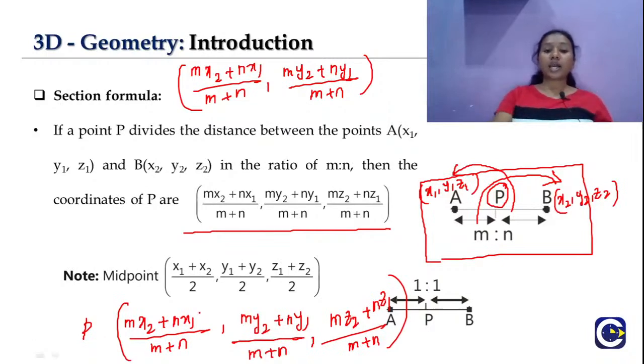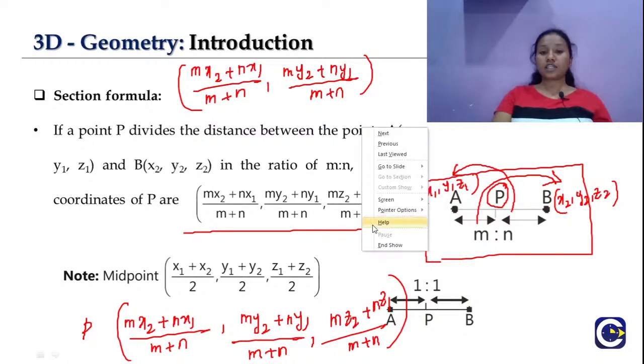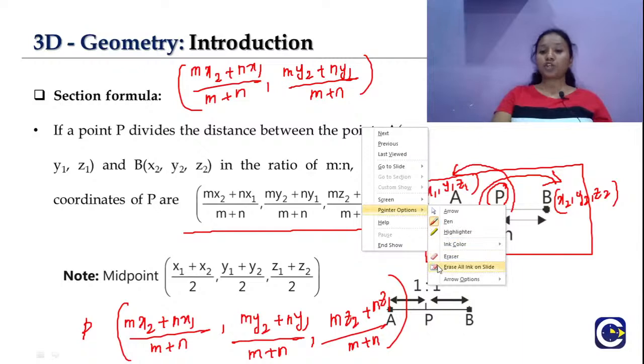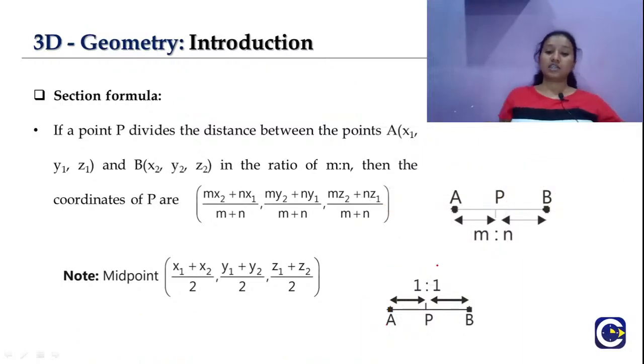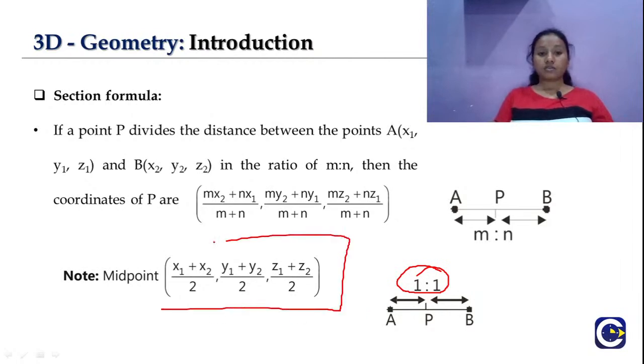Right. So what happens if this m is to n is equal to 1 is to 1? That is nothing but the midpoint of these two points. So if the ratio is 1 is to 1, then the point P is nothing but the midpoint of these two points, which we can get by directly substituting 1 in place of m and n.